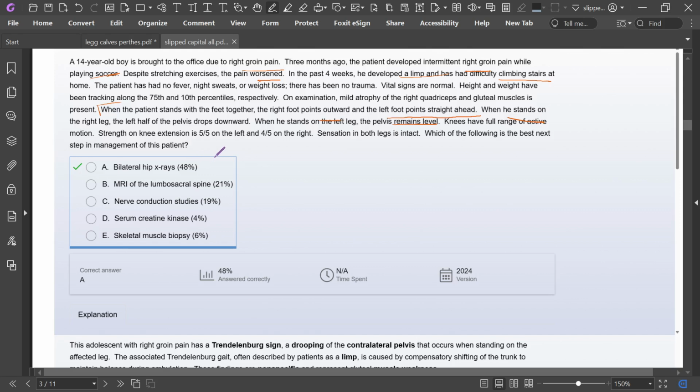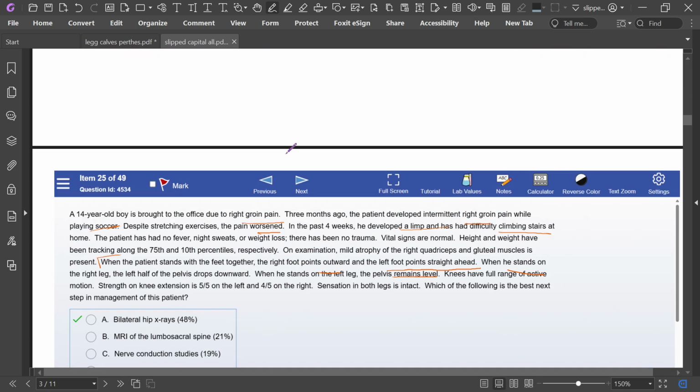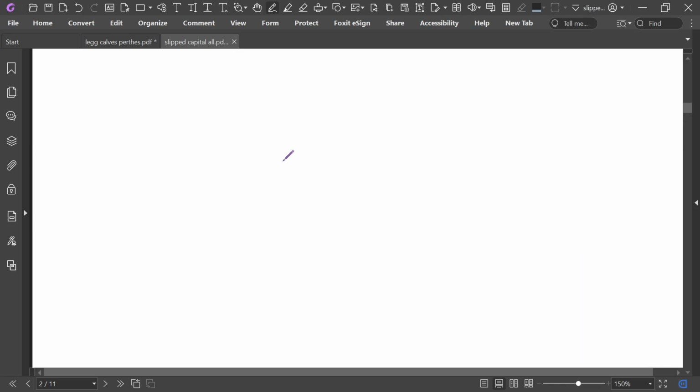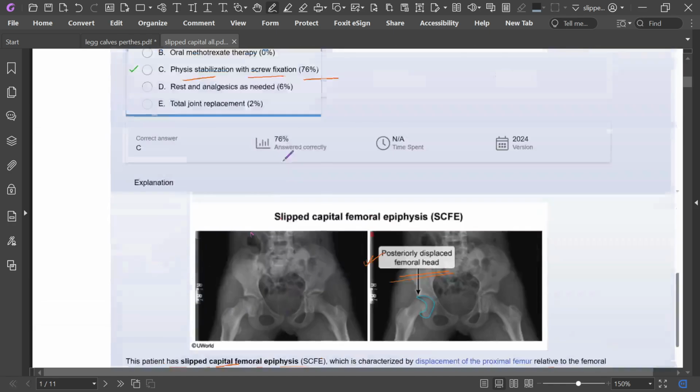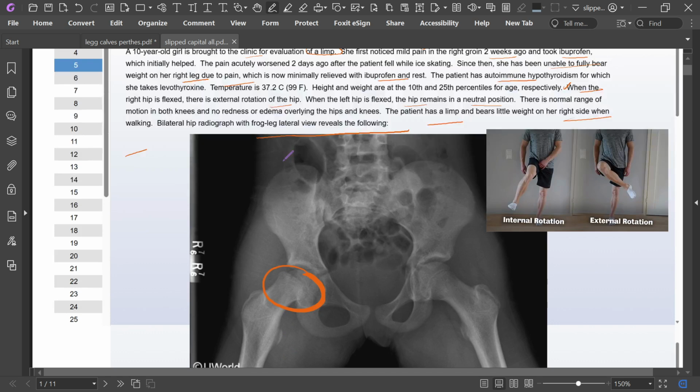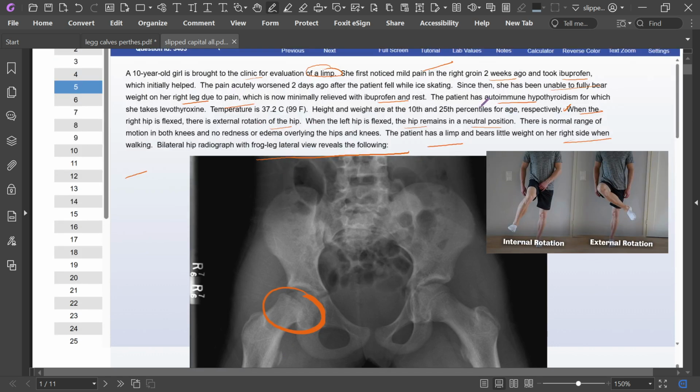It is just that when you flex the hip, it causes external rotation like that. And it is associated with hypothyroidism.